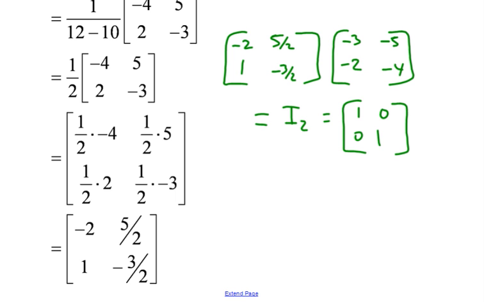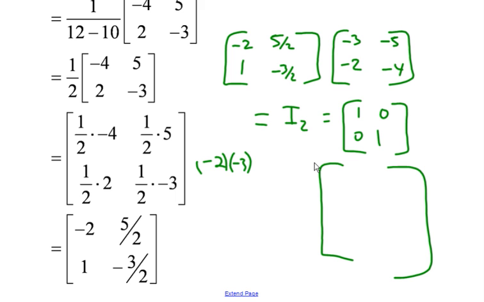So you can see here where we take, so we're going to finalize everything. I'll show you. First you take -2 times -3 minus 2 times 5/2.